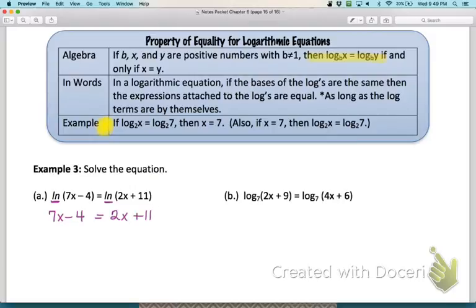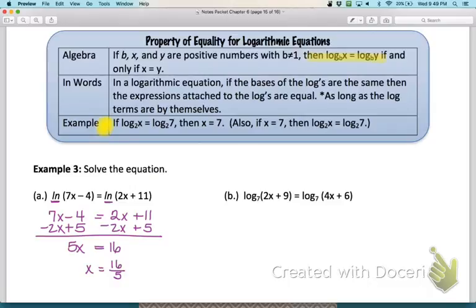The logs didn't really cancel. We just used the property to know that the stuff inside the logarithms has to be equal to each other. So I can add 4 to both sides and subtract 2x from both sides, and I get 5x equals 15. So x equals 3. And that's really all there is to it.